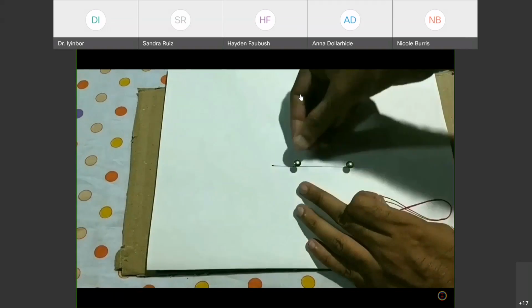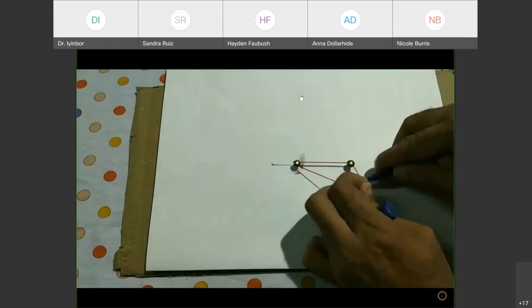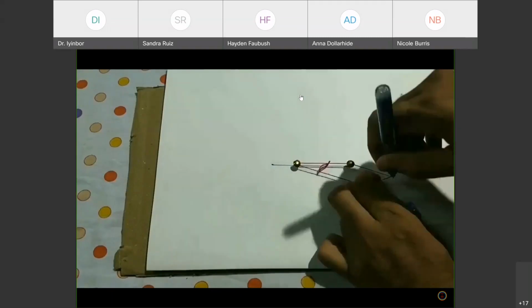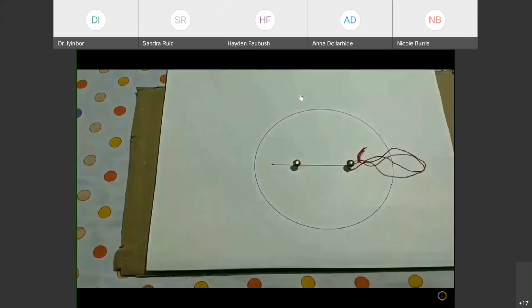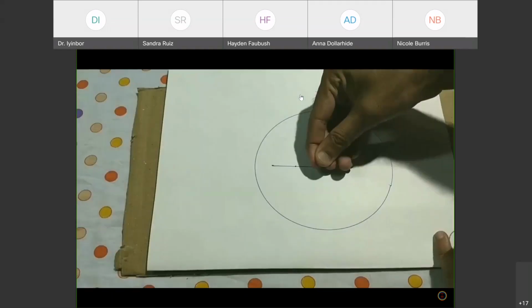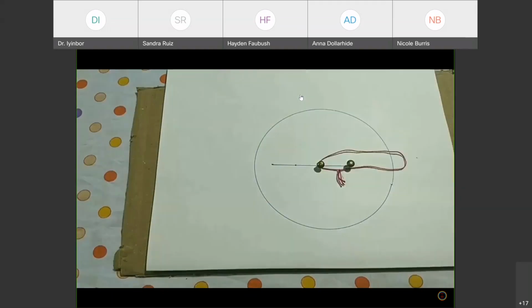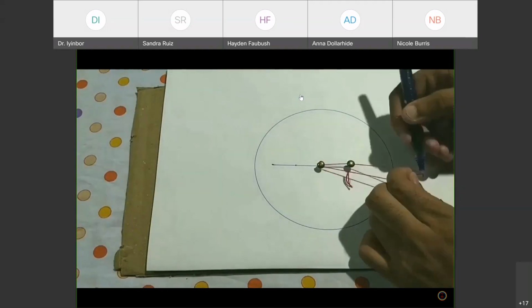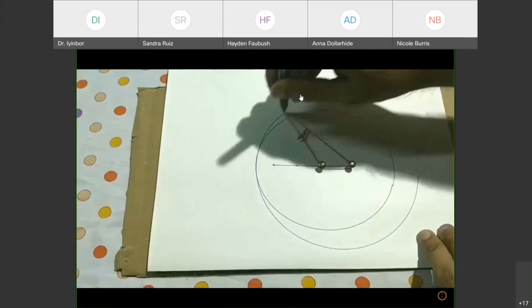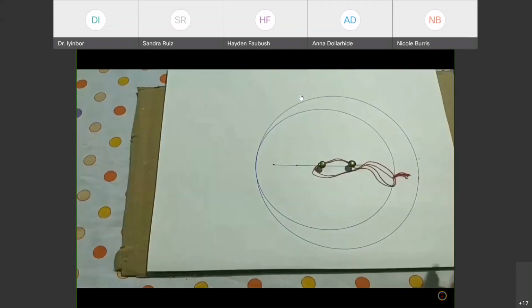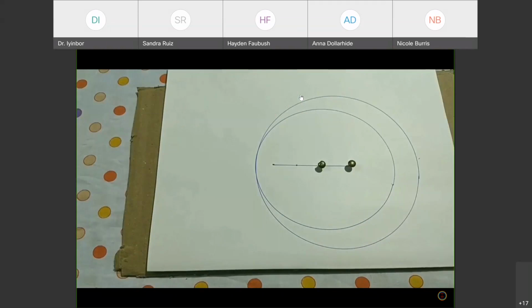I think he's changing the foci. You see that? So he's moving the foci.